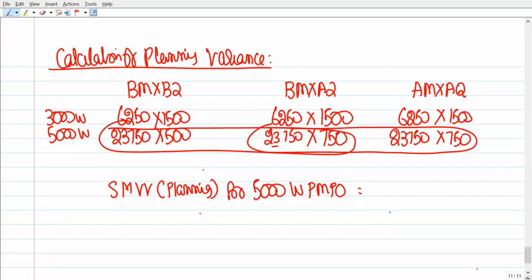I don't have any other variance for 5000 W PMPO. 23,750 into 500 minus 23,750 into 750. You will get a negative answer, which indicates a favorable variance.